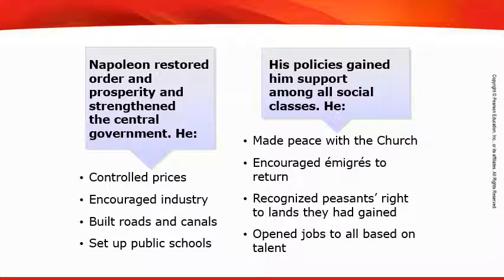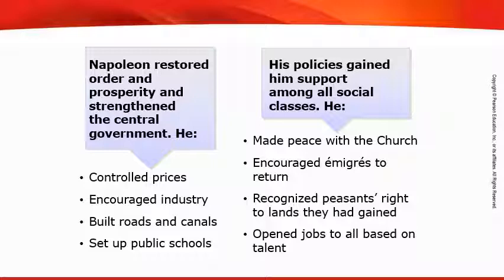Once Napoleon took complete control over power in France, he initiated some major reforms. The purpose of these reforms was to restore order in French society, bring back economic prosperity, and strengthen the central government.